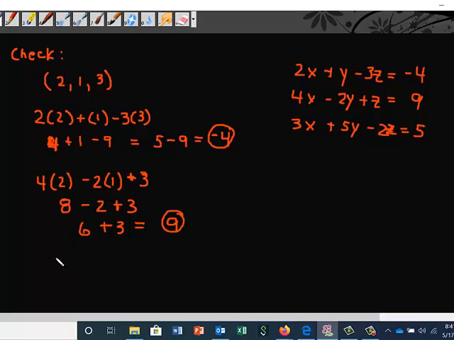So now the last one. Make sure when you're doing these problems, folks, that you check the solution you found for x, y, and z in all of them. If you've got 2 equations with 2 unknowns, 3 equations, 4 equations, depending upon how many you've got, check your solution in all the equations, because sometimes it might work for some, and people think it's going to work for the rest.